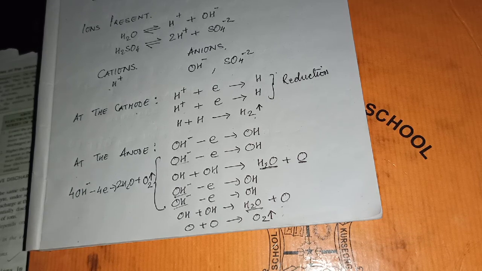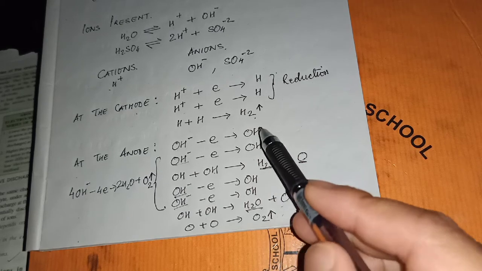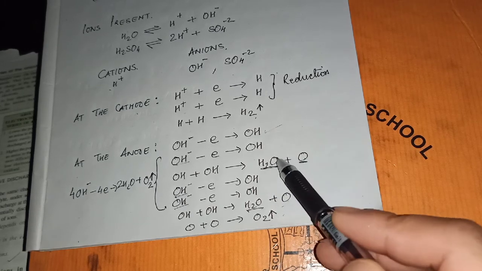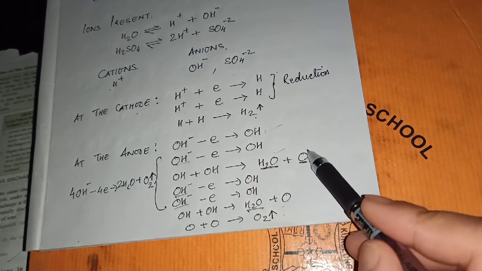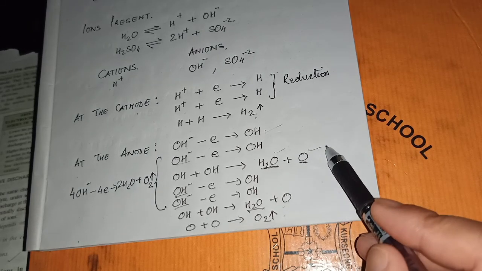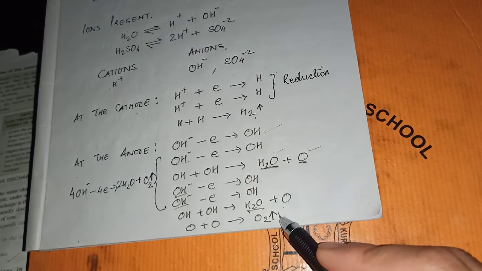Okay, so if a question comes to you like, write the product formed at the anode during the electrolysis of acidified water using platinum electrodes, what will be the product? Do not write OH, do not write water, do not write O, because O does not exist. What you have to write is oxygen gas.